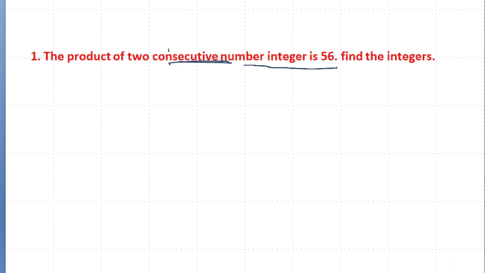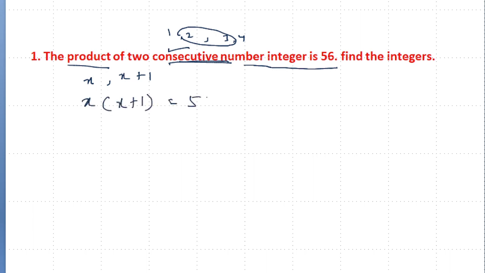Always remember, students, if it is given consecutive, then it is like 1 and 2, 3 and 4, 2 and 3, where the difference is 1. Here, let the consecutive numbers be x and x plus 1. Now, according to our condition, the product of the consecutive numbers means x into x plus 1 equals 56.